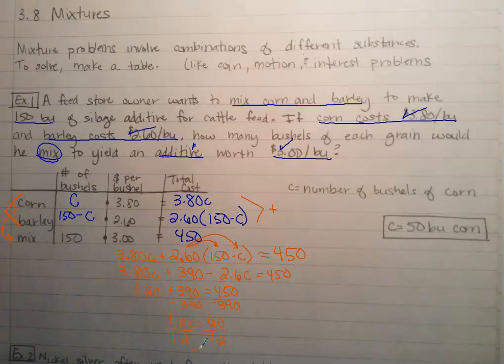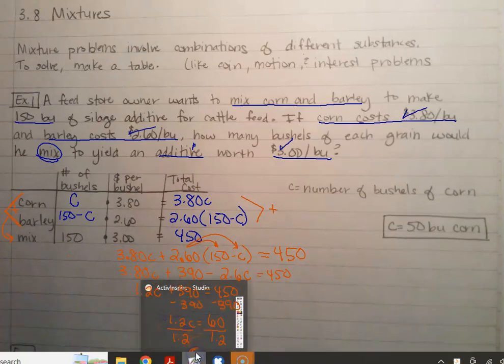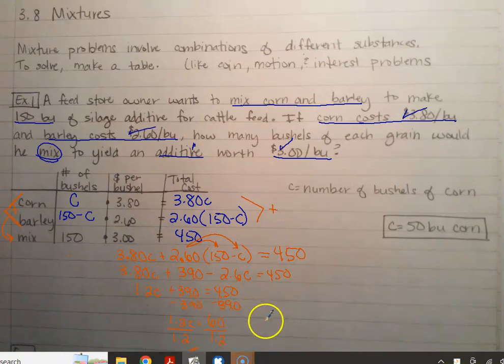I don't know what happened to my thing there. Okay, all right, so I'll write it over here. C equals, what's 60 divided by 1.2? C equals 50. All right, so it's 50 bushels of corn even.